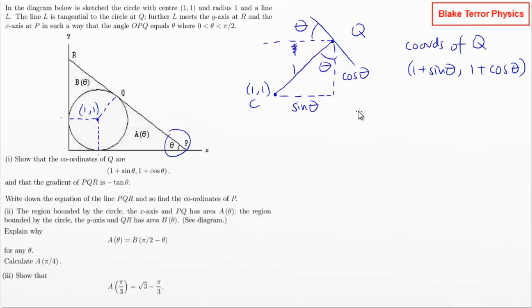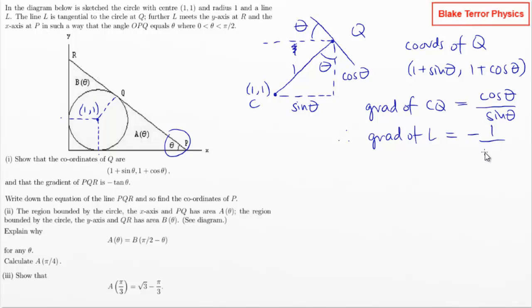So the gradient of CQ: we want the change in y over the change in x. So that is cos theta over sine theta. Therefore the gradient of L equals minus 1 over the gradient of CQ, and that is going to be minus tan theta.